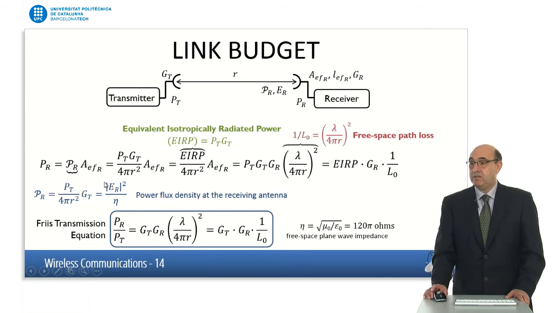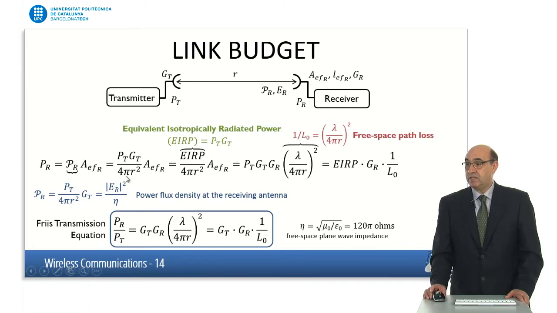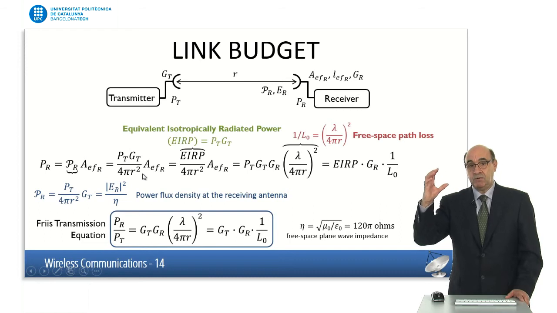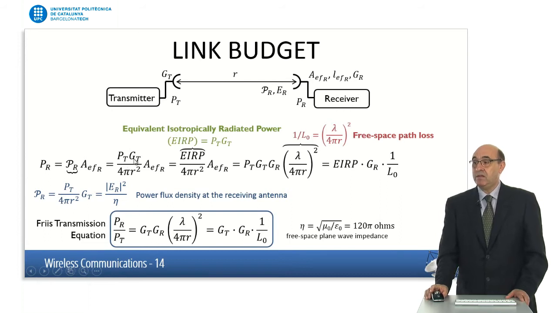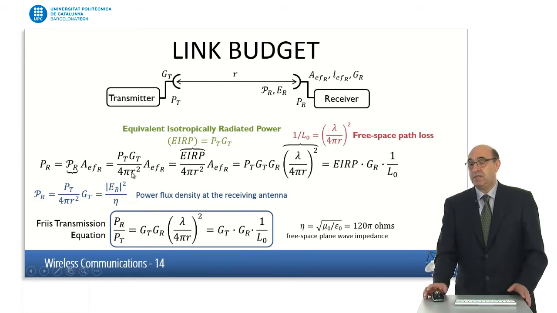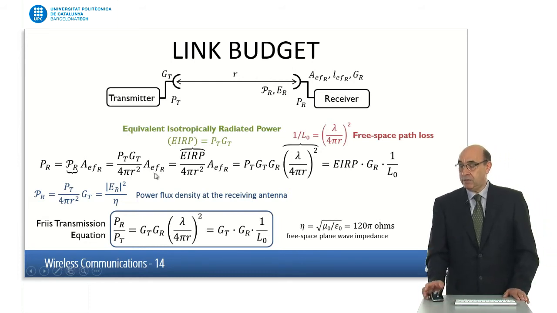And now we write this term up here. So the power flux density arriving on the receiving antenna, the one that is here, is the product of the power transmitted by the antenna and the gain of the transmitting antenna, divided by 4 pi r squared, times the effective area.